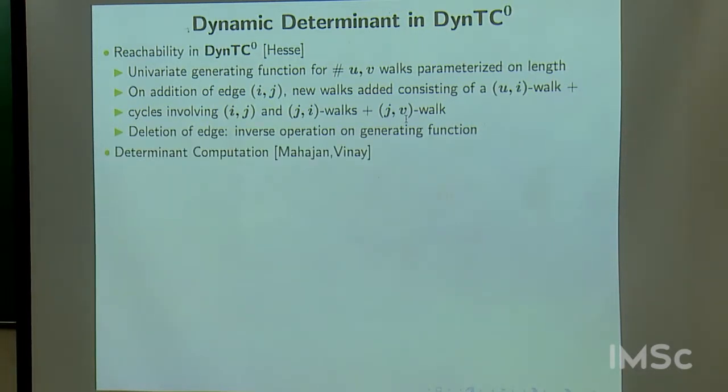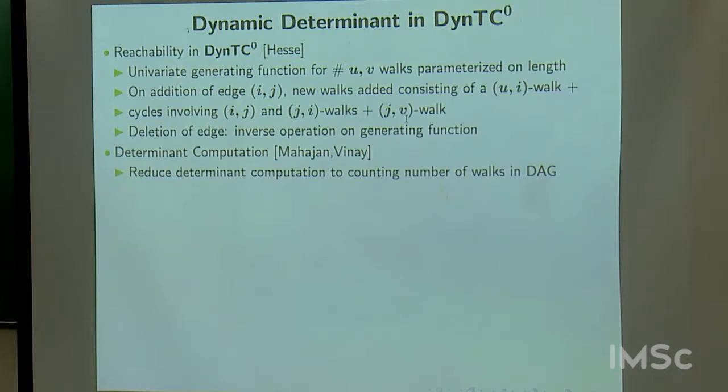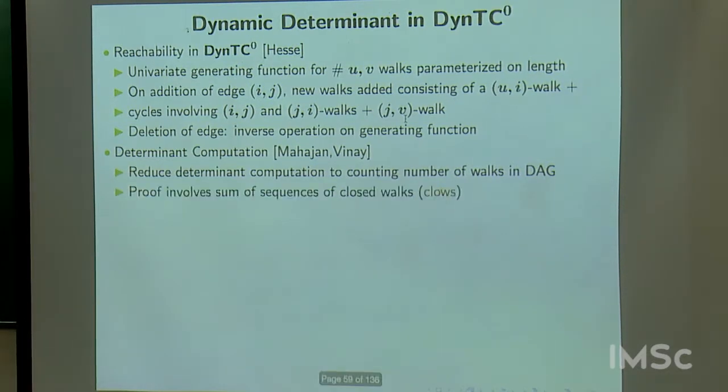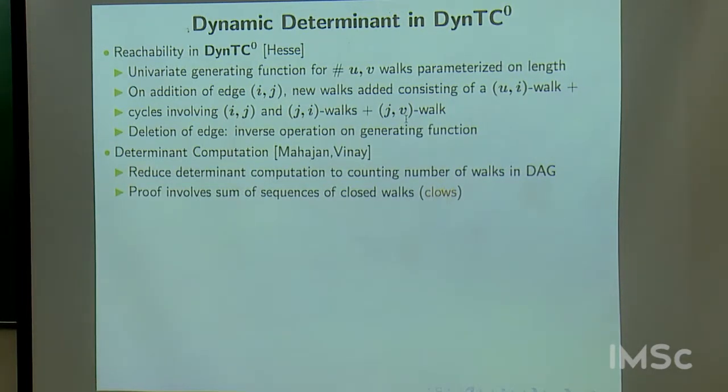So the second component that goes in here is the determinant computation. The idea behind the MV paper is to reduce determinant computation to counting the number of walks in a DAG. Correct? In some sense. The proof involves sums of sequences of closed walks. So you take a bunch of closed walks which have some properties.